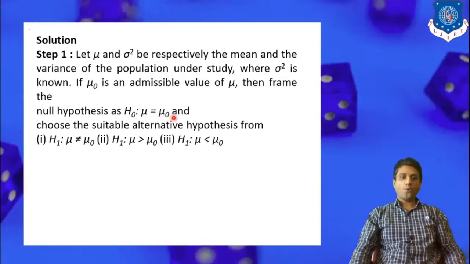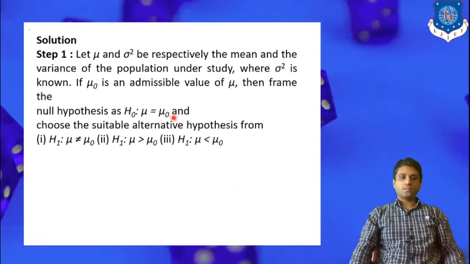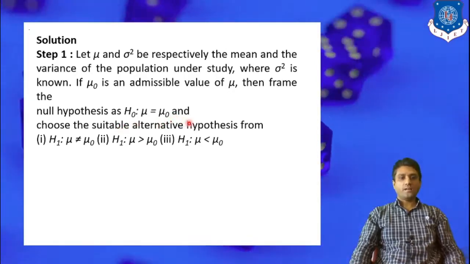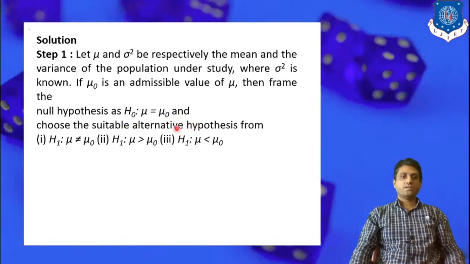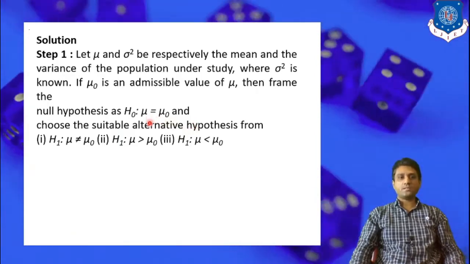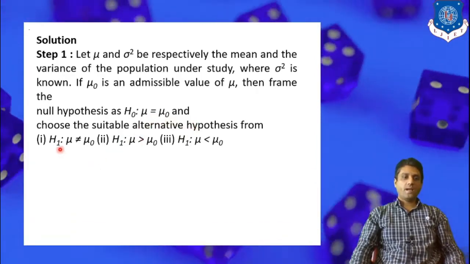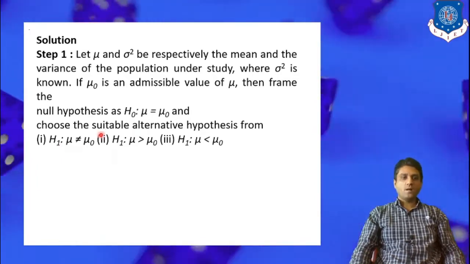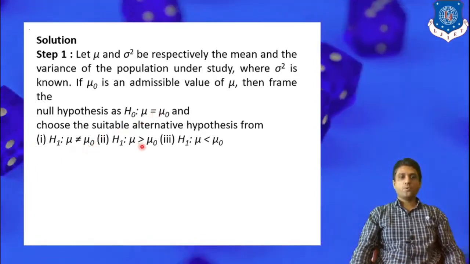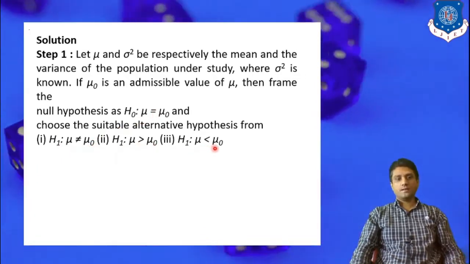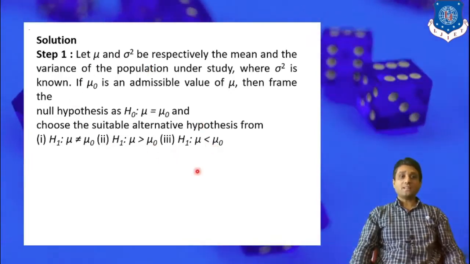To oppose this null hypothesis we create the alternative hypothesis, the contrary of the null hypothesis, and it may be one of these three: mu is not equal to mu 0, mu is greater than mu 0, or mu is less than mu 0. So these are the general steps.